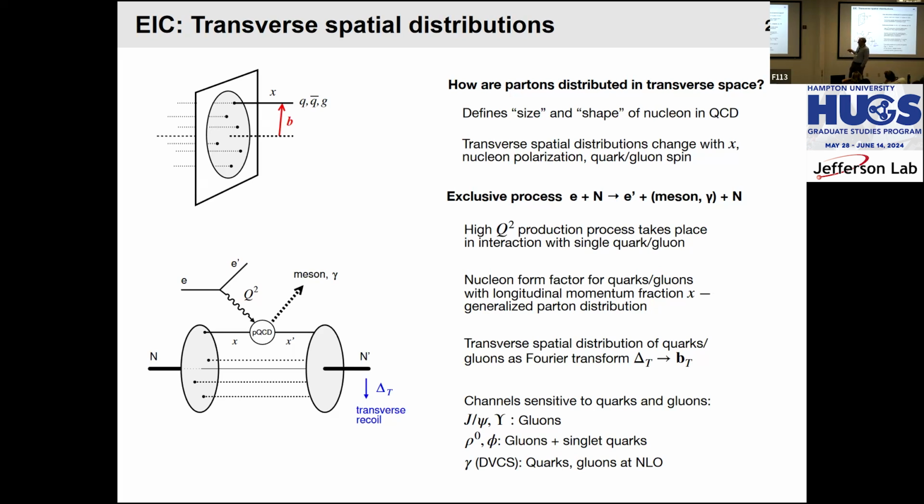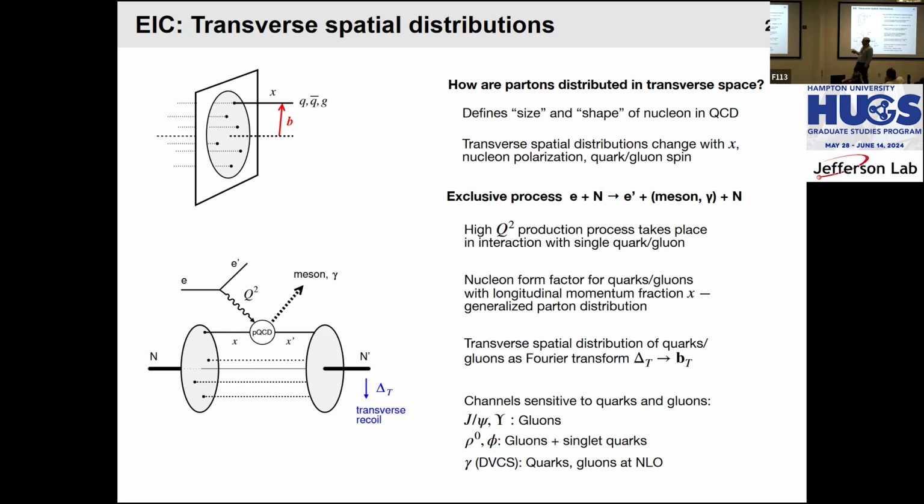This is more like measuring a form factor of the nucleon, but now involving a process that produces an additional meson or photon. So at high Q squared, one can suppose that this production process takes place in the interaction with a single quark or gluon in the wave function of the nucleon.